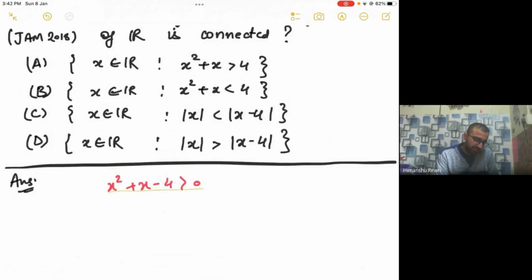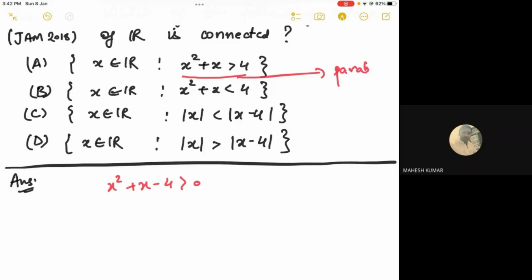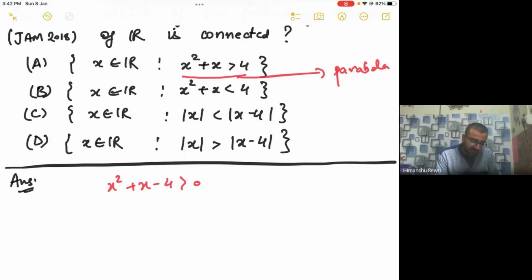If you see clearly, this is the general form of a parabola, and as she said, we have a minimum somewhere here. So the parabola will go like that.